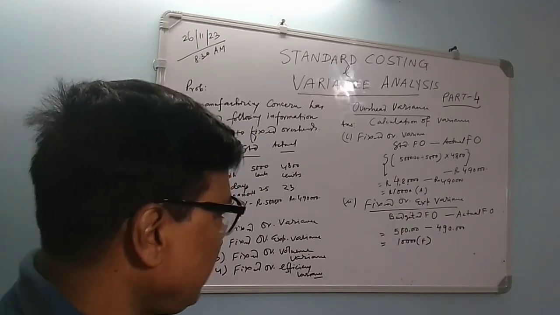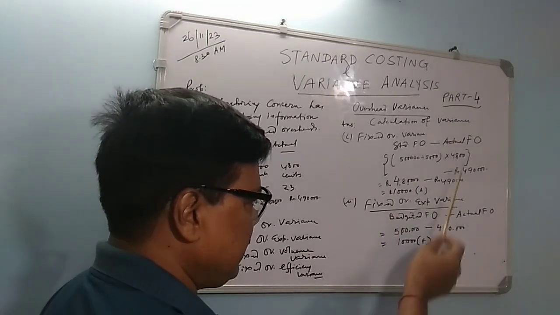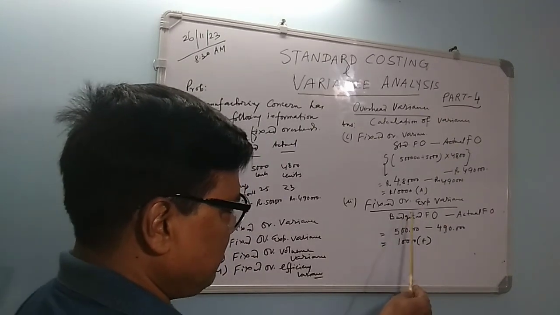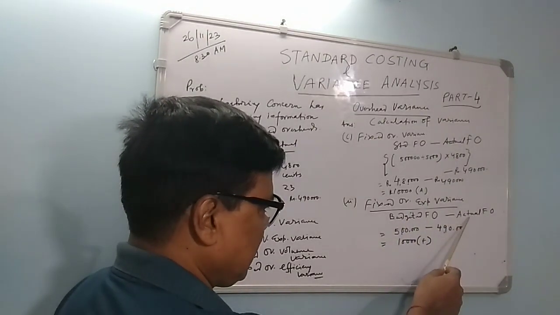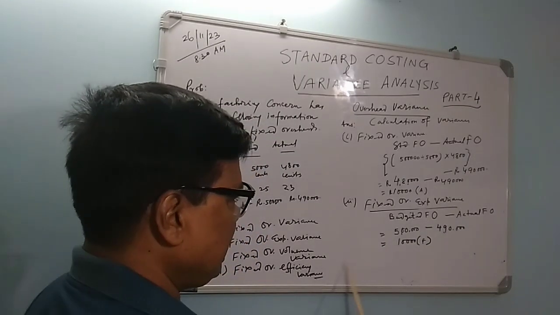Okay, so next is our fixed overhead expenditure variance. What is the formula for that? Budgeted fixed overhead minus actual fixed overhead. So how much is the budgeted fixed overhead?